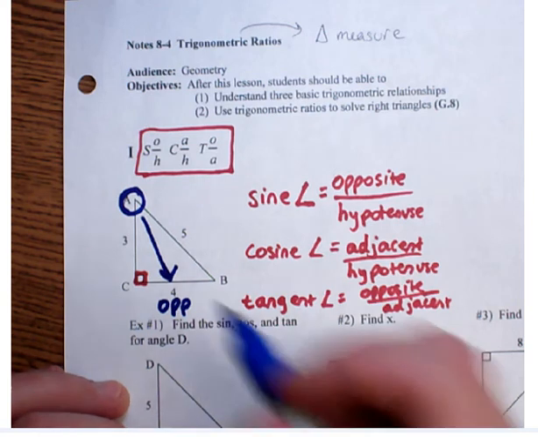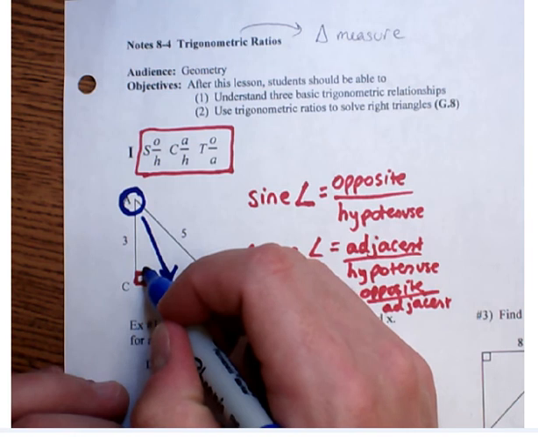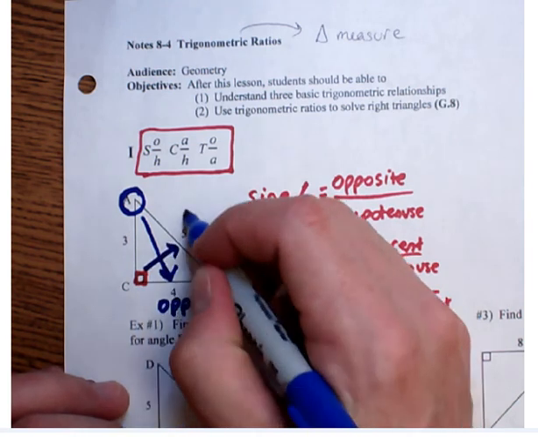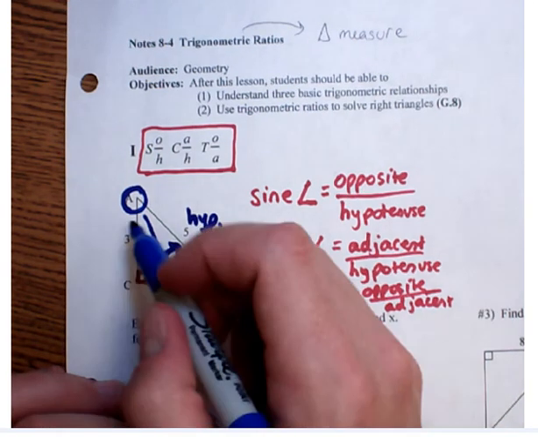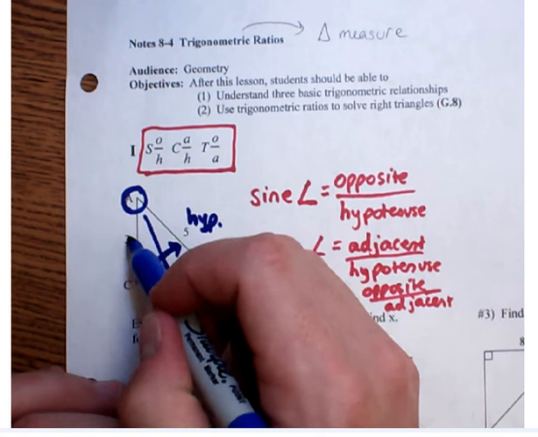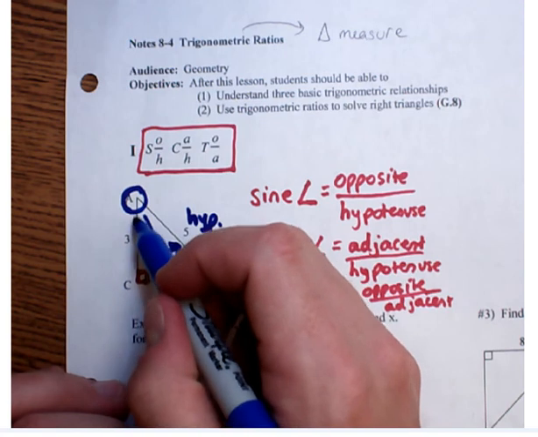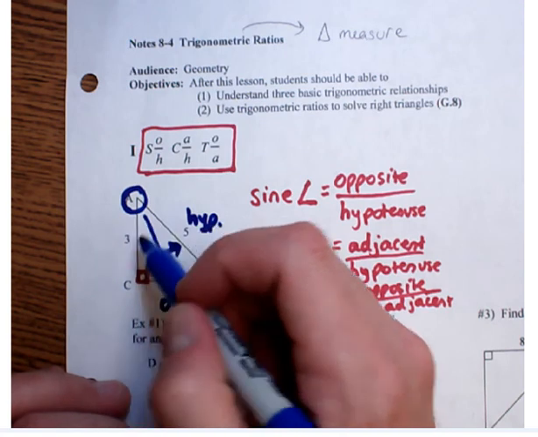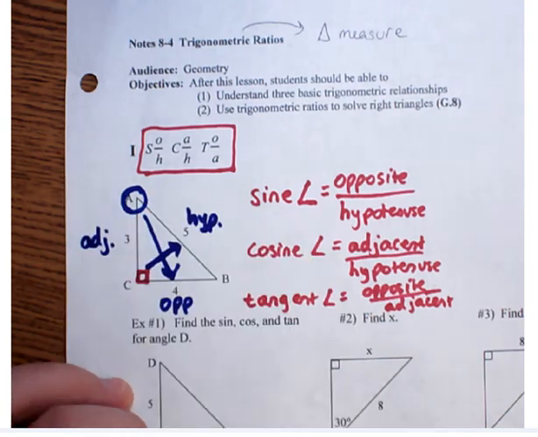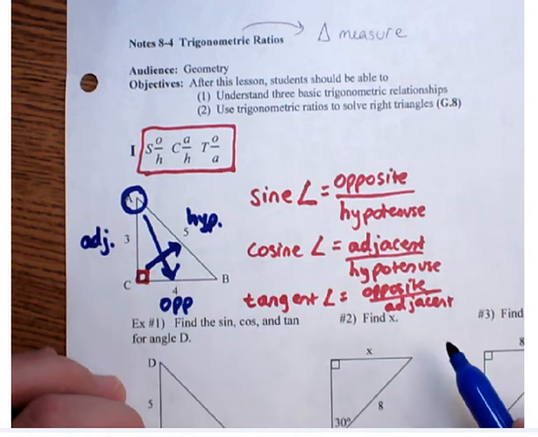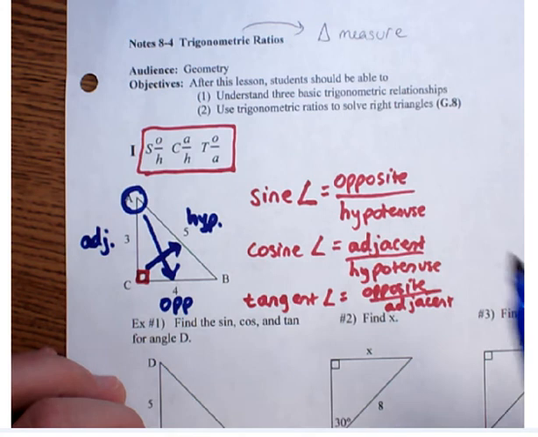Now, the 5 is opposite 90. Well, that's always called the hypotenuse, HYP. So the third side here, this other leg, which is 3, is not opposite angle A, it's next to it. So we call that adjacent. Remember, we've used the word adjacent to talk about things that are next to each other. And that's what's happening in this situation.